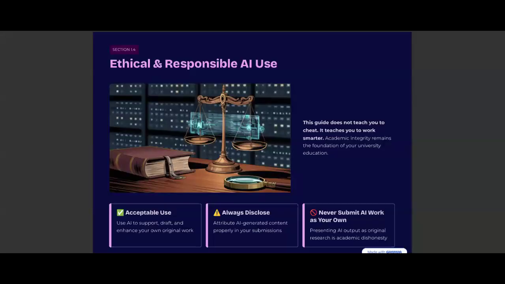The most acceptable use is that you use the AI as a support tool. Okay, that you take the information as draft information, as I've been telling you, you process it, you analyze it, you modify it, you adapt it to your context.